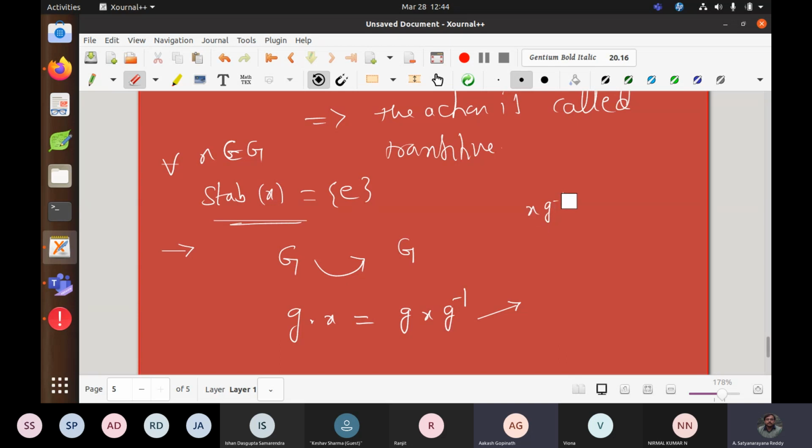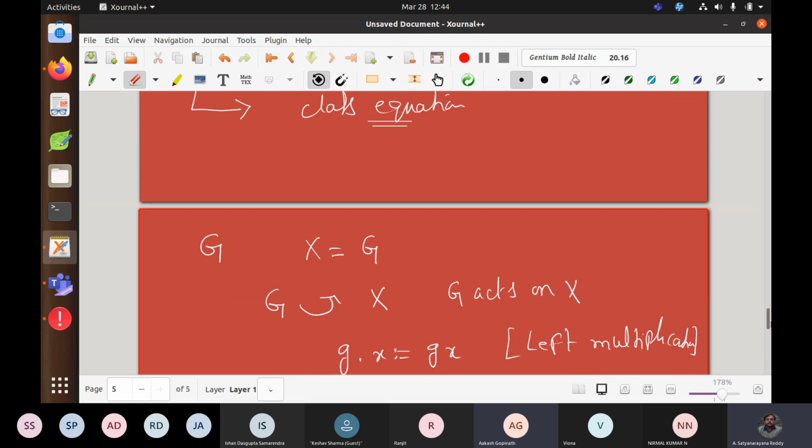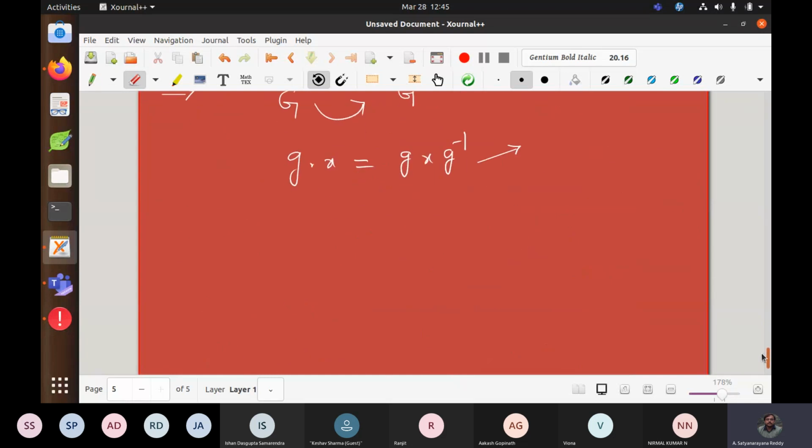The reason why I'm confused is because xg inverse is just an element in G, right? Yes, I understand, ma'am. I'm also saying the same thing. In these particular cases, a little confusion may come. So I'm saying g is from capital G and x is from capital X. So think of X as a set. I'm requesting you to think that way in this particular case.